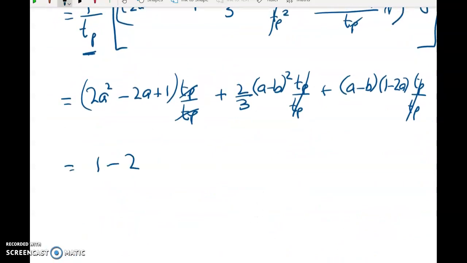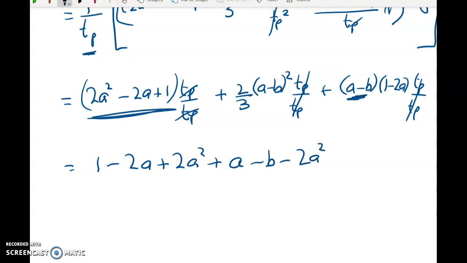So we've got 1 minus 2a plus 2a squared, doing this bit, plus a, I'm doing this very stupidly now, right? a minus b, haven't had enough coffee, a minus b here, minus 2a squared plus 2ba, plus that nice expression that is exactly how we wanted it, this bit here.